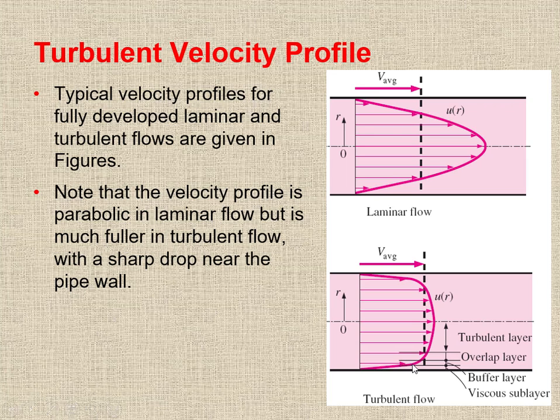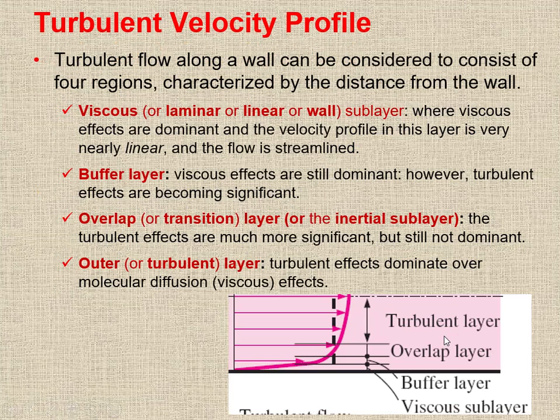After that it takes a curved shape. This in-between region, a mixing of straight and curved, is called the buffer layer. Right after that is the overlap region, and then the fully turbulent layer.